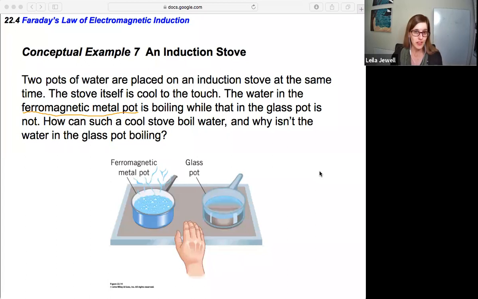So the way that an induction stove works is there is an AC coil below that's quickly changing its direction and inducing an EMF within the pot because it changes the magnetic field. That coil creates a magnetic field, like we learned about last chapter, and that magnetic field is constantly changing as the current flips direction.